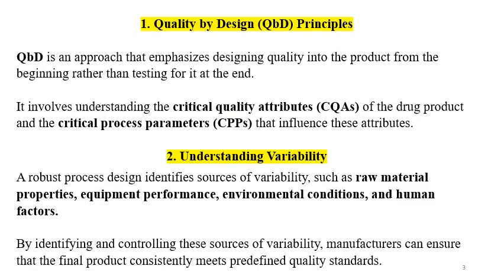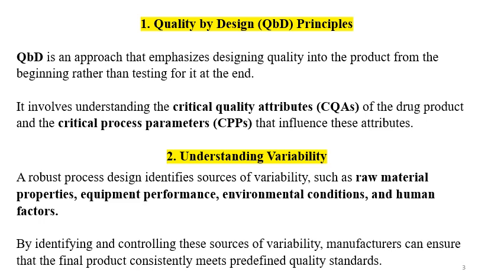So what are the ways? First is quality by design. Using the QbD principles, we can make the robust design. QbD is an approach that emphasizes designing quality into the product from the beginning rather than testing for it at the end.